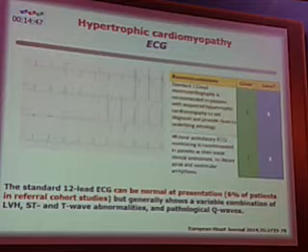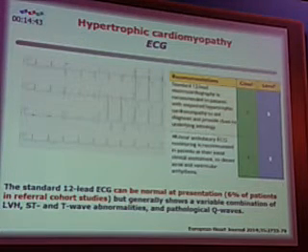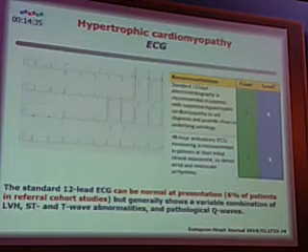First is the classical methodology, the classical tool, the ECG. And we know that the standard 12-lead ECG can be either normal or abnormal in these patients with hypertrophic cardiomyopathy.